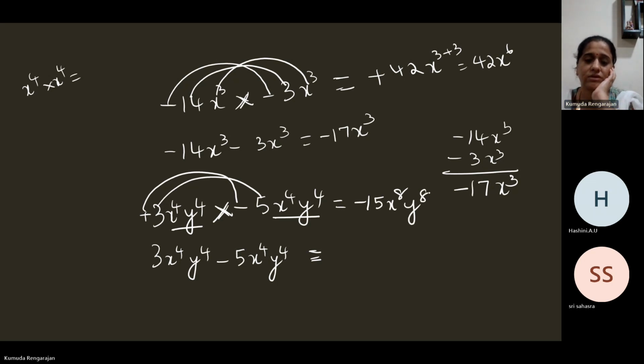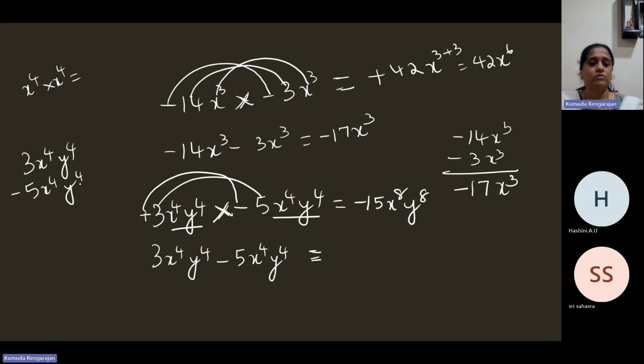But here, 3x power 4 y power 4 minus 5x power 4 y power 4 is not multiplication. Same signs or different signs? Different signs, right?